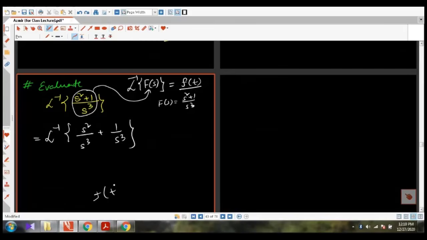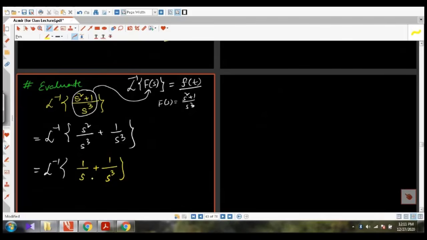So let's try to solve. Now we can easily see that these two parts can be simplified. The simplification gives 1 over s, and this is 1 over s cube.